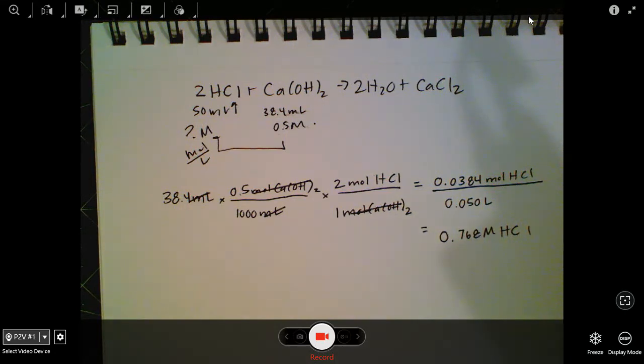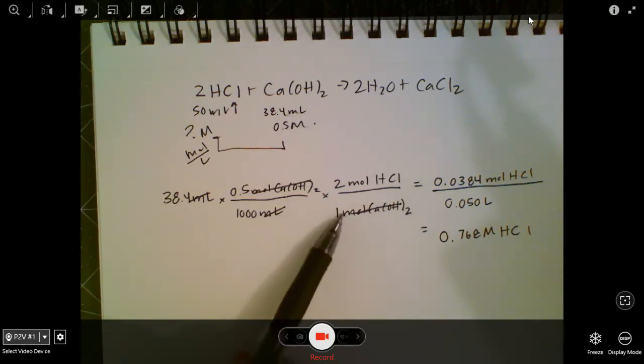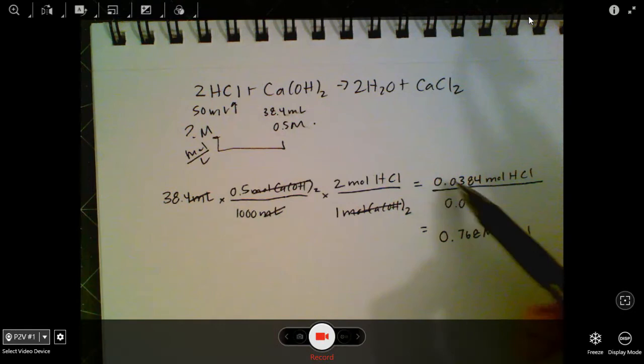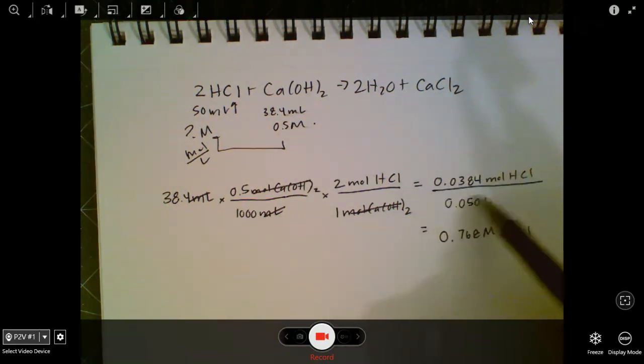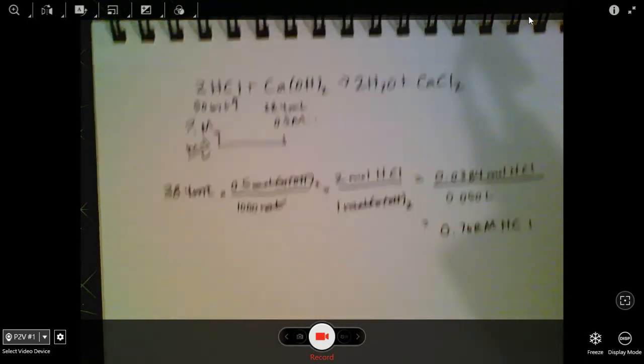So again, the idea is that I take something of a known concentration and figure out how many moles it takes to get rid of this chemical. I had to neutralize 0.0384 moles of HCl, which were contained in 50 milliliters. So this is my concentration.